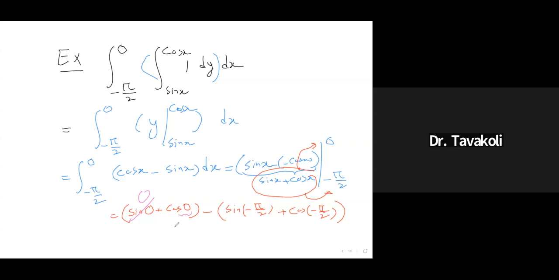Cosine of 0 is 1. Sine of minus pi over 2 is negative 1. And cosine of minus pi over 2 is 0. So the final answer, 1 minus negative 1, which is 1 plus 1, and equals 2. So the value of this integral equals 2.